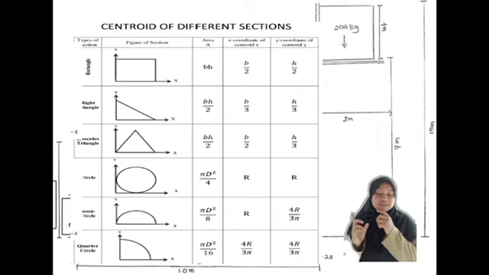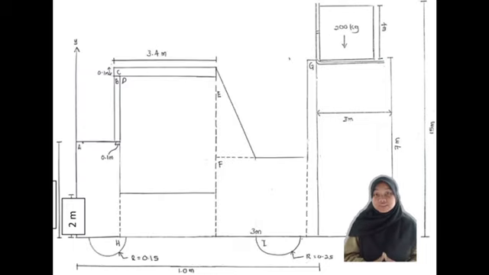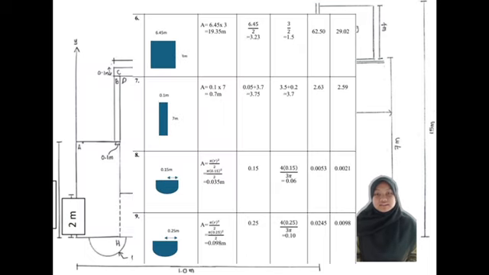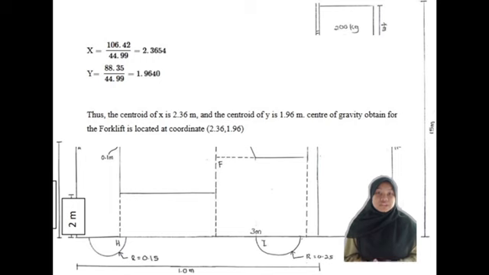From the formula we can calculate the center of the forklift according to the segments as shown in the free body diagram. We use a table in this calculation to make sure our work is easy to understand and systematic. As you can see here, the center of the truck is 2.36 meters from the X-axis and 1.96 meters for the Y-axis.